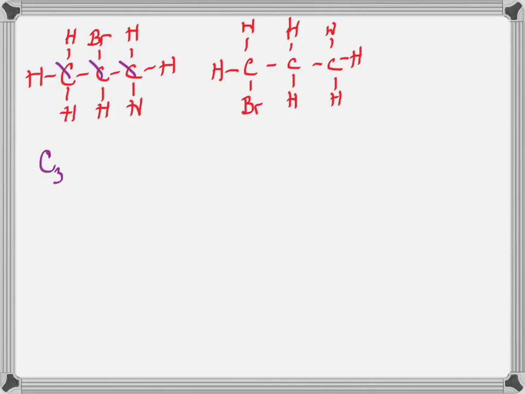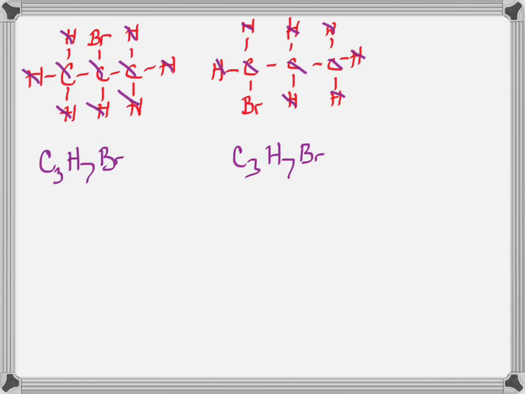So I have 3 carbons, 7 hydrogens and 1 bromine. On the second molecule, we can see very clearly that there are 3 carbons, 7 hydrogens, and a bromine. So with that, we see that they have the same molecular formula.